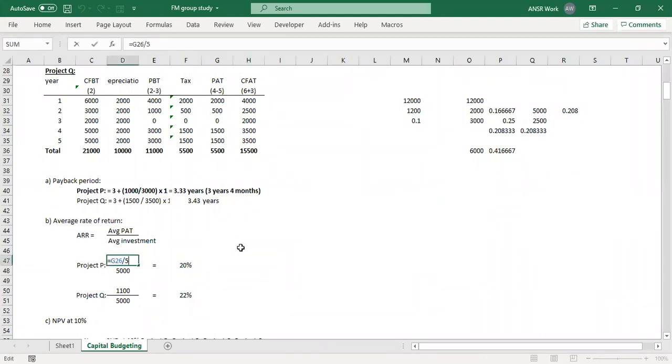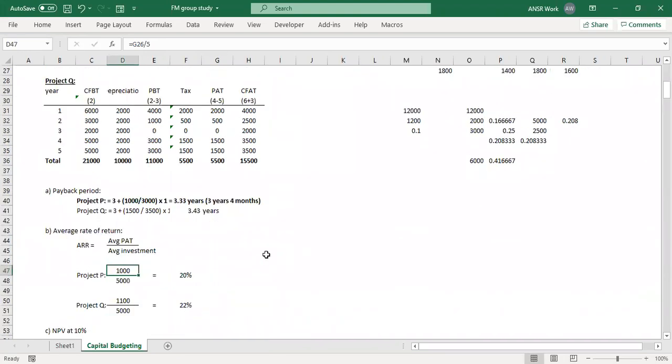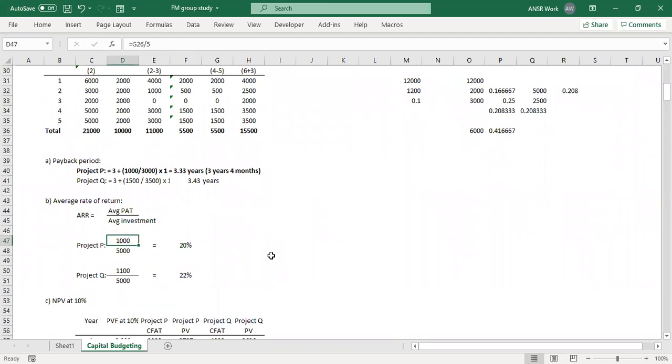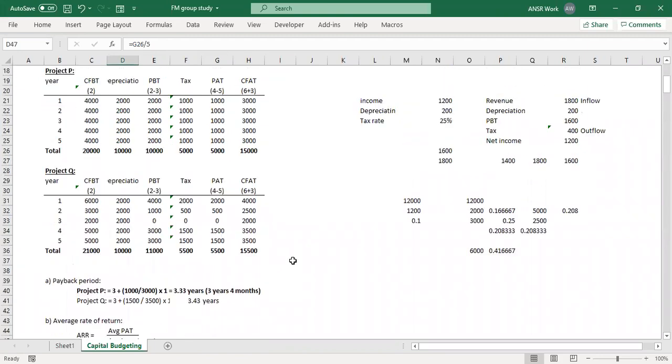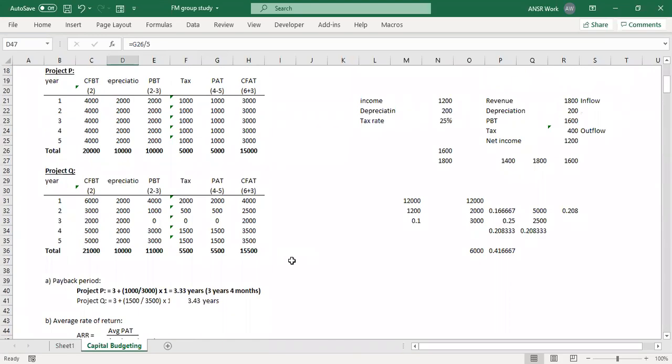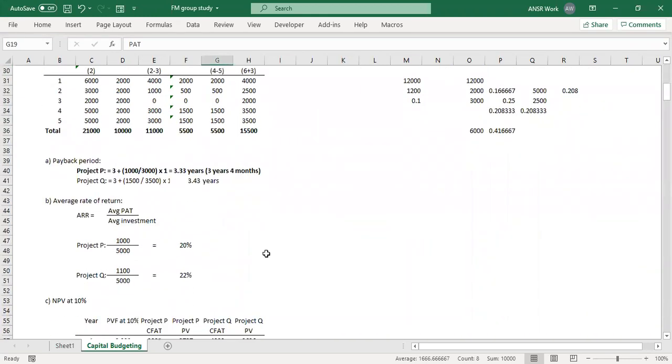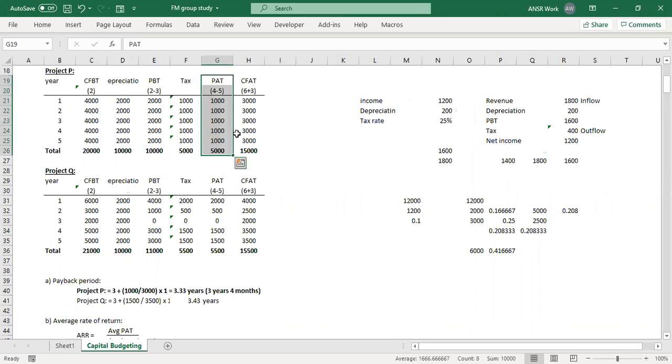We have to take PAT, right? Yeah, I just saw that. You are right. We have to actually take PAT. So here, when they're saying average rate of return, they're actually not talking about the cash flow. Instead, they're talking about the net profit that we have. So a little change in what we were discussing: instead of cash flow, for average rate of return, we are taking the profit after tax.